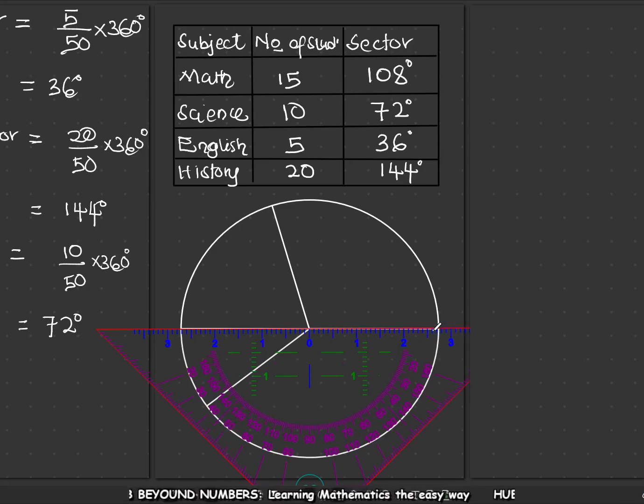So you could even see that the remaining is exactly 144. Because if I start from the 0 over here, using the inner calibration, I have my 20 all the way to 90, 100, 130, 140. 144 is right on this mark. So if you are able to draw it exactly on its point, you realize that the rest will just fall in line.